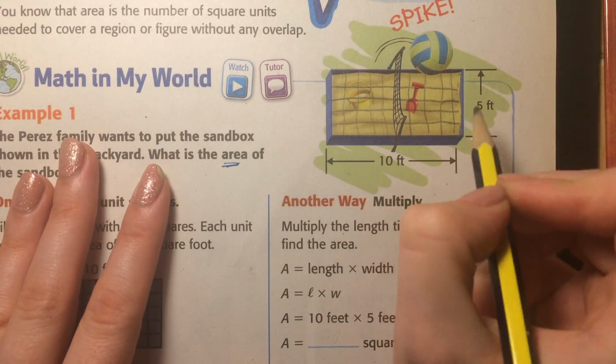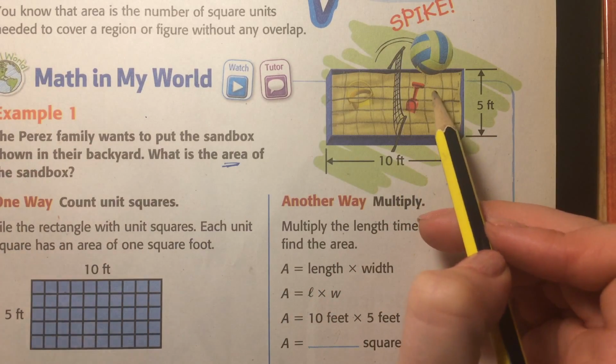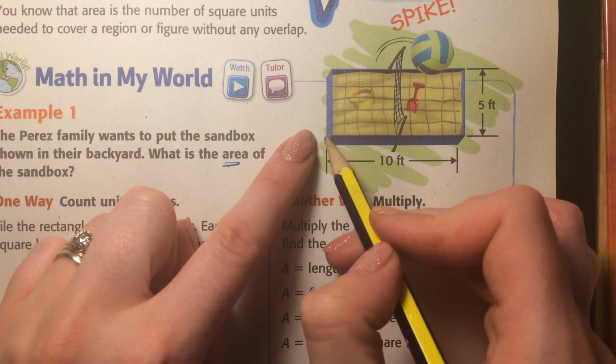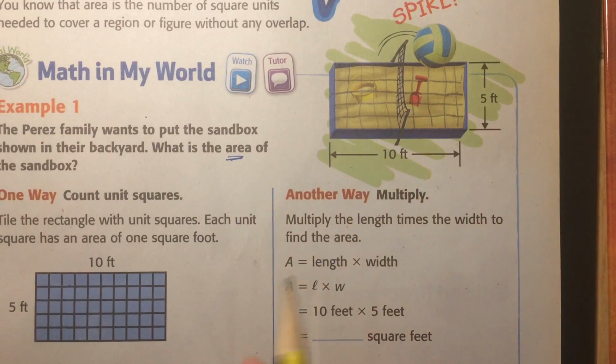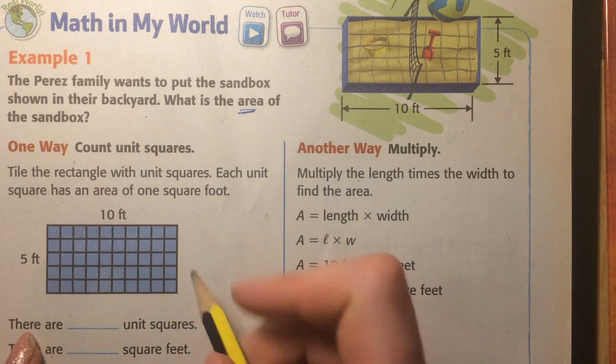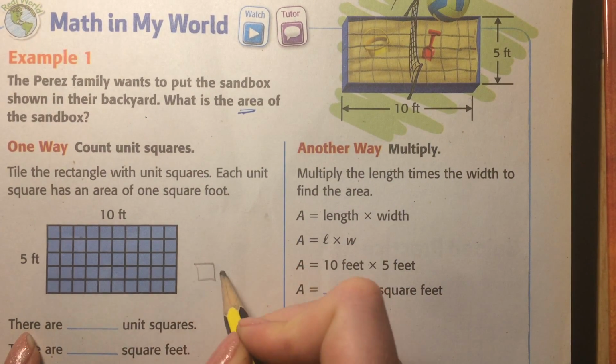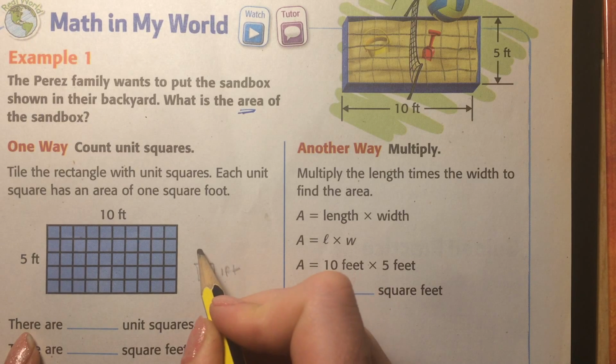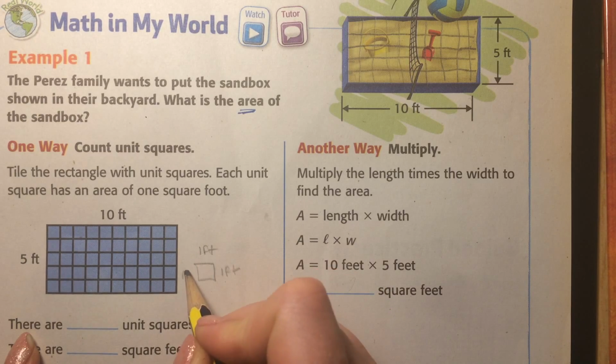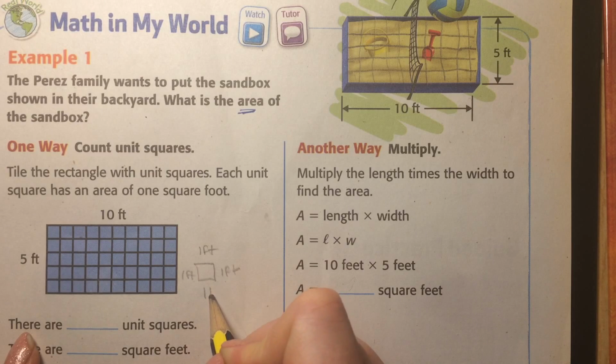All right, so I could put tiles down and measure, and I would know that this would be 1 foot by 1 foot. But they've done that here for us. So the unit square is 1 foot by 1 foot.